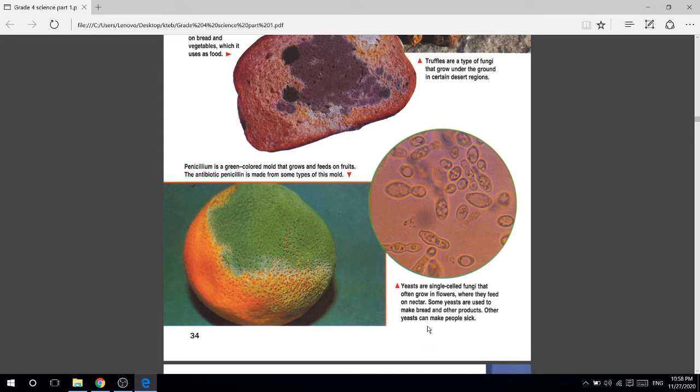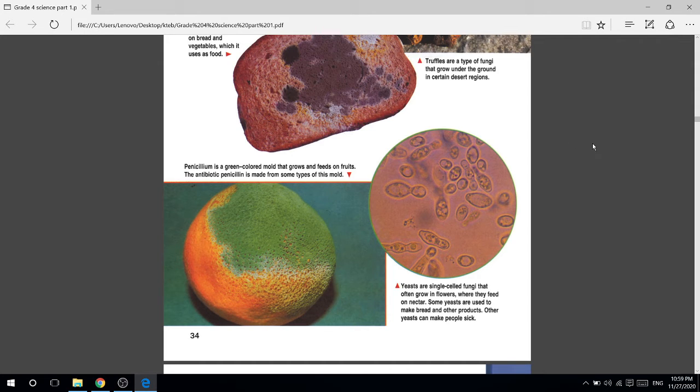Other yeasts can make people sick, and others are harmful. Some may make you sick, and others are useful to make yogurt and bread. This is single-celled yeast.